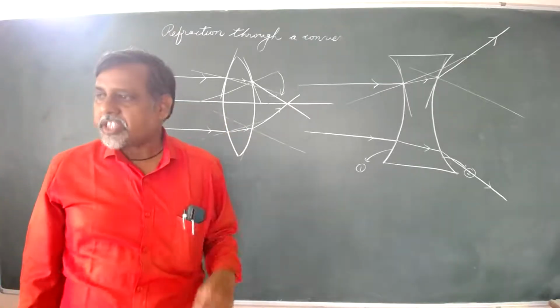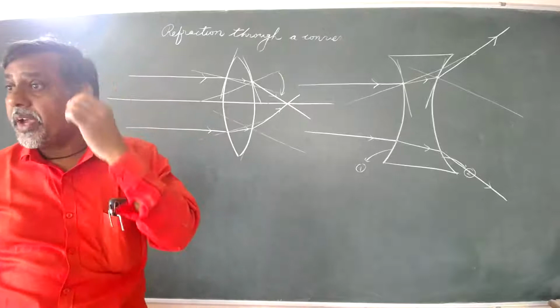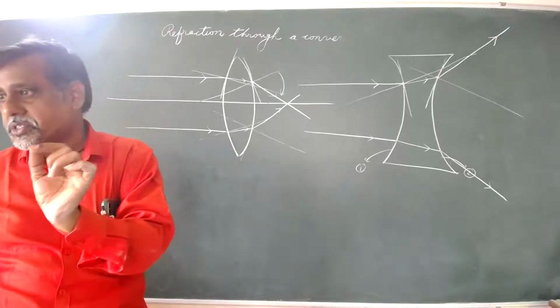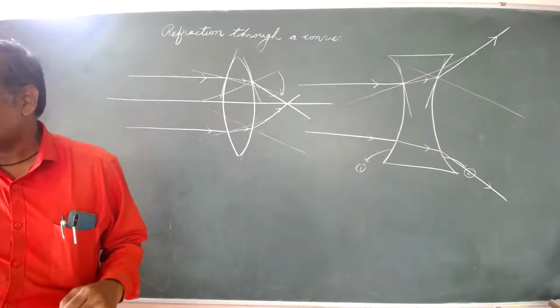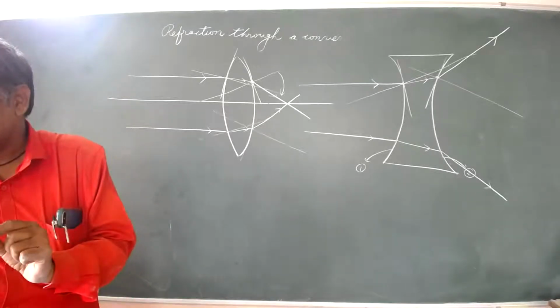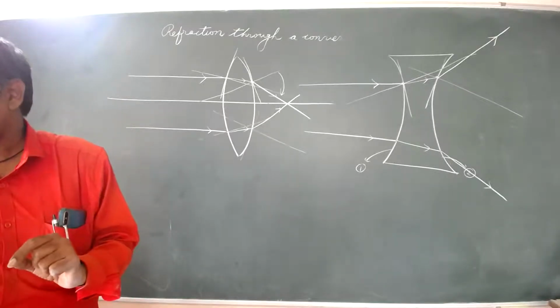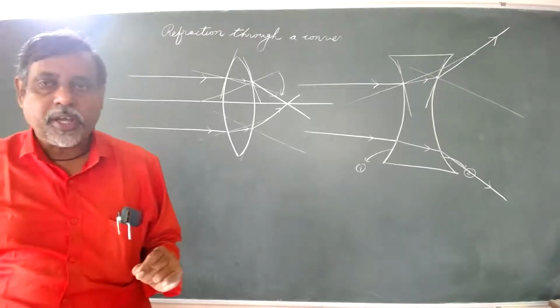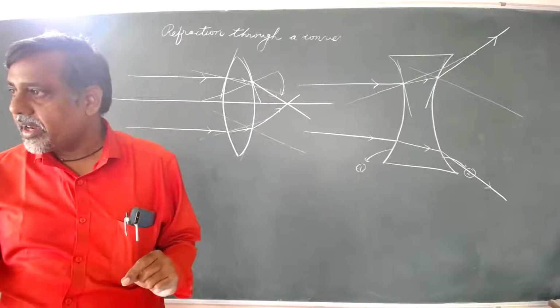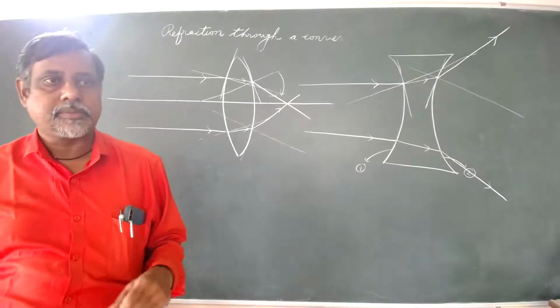Next, if you place the object between the center of curvature and the focus, which is between C2 and F2, the image gets formed beyond C1, which is real, inverted, and magnified.